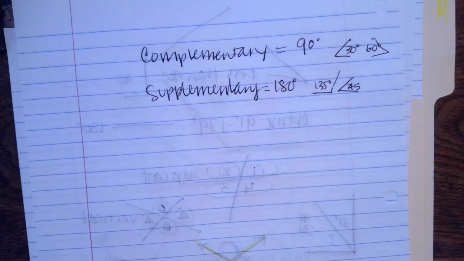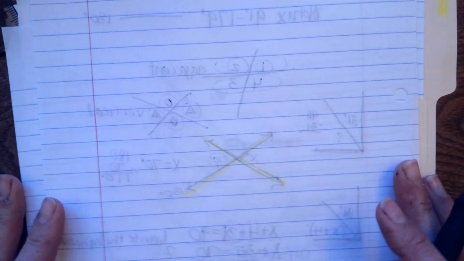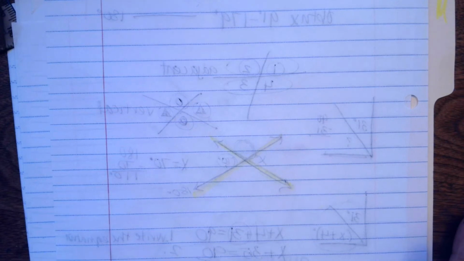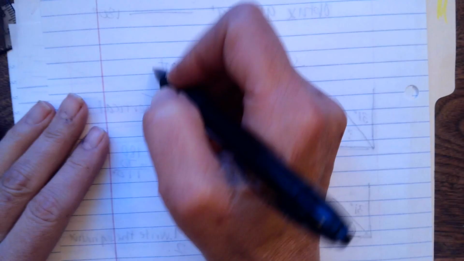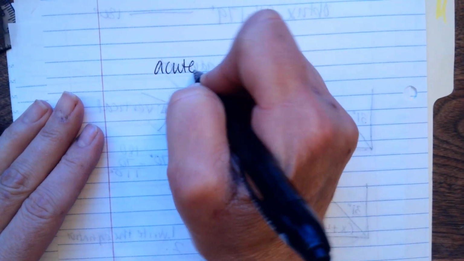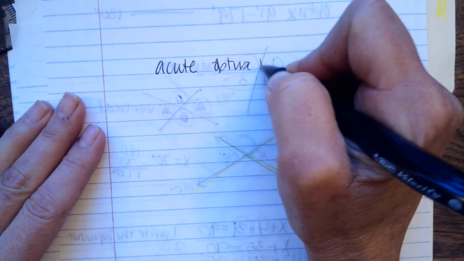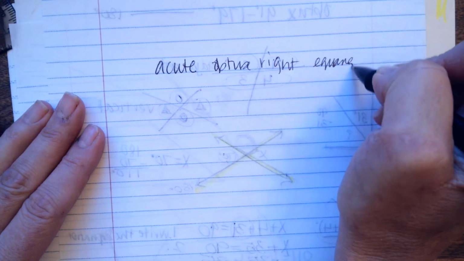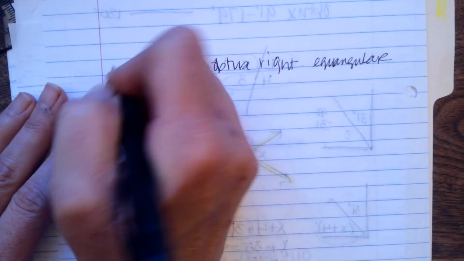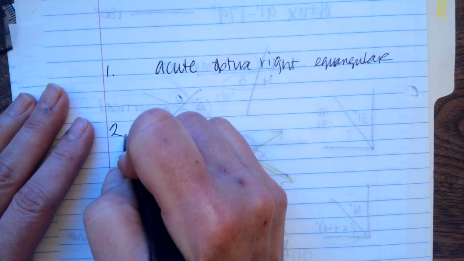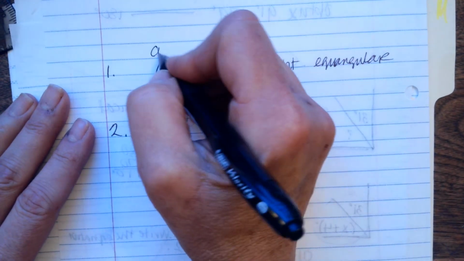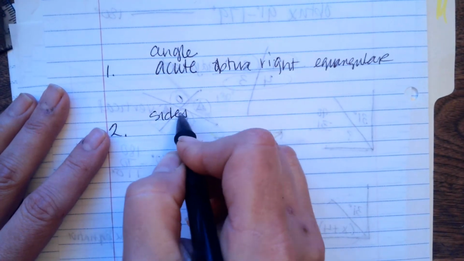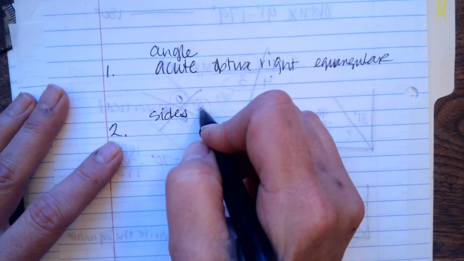And then 7.3 is triangles. So there are a few different types of triangles that they're going to ask you to classify: an acute triangle, an obtuse, a right, an equiangular. That classification goes by angle, and the other classification goes by the sides, whether they're congruent or not.